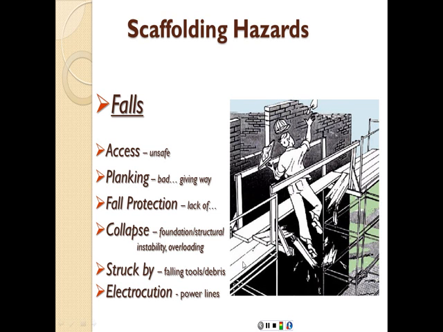If it was overloaded with equipment or material, or too many people standing on the same platform or scaffold, or if it's shaking at the bottom and the ground gives in and it collapses, all of these are reasons for the collapse. Struck by falling tools or debris, especially for people standing underneath or around the scaffold on the lower level. If something falls from the top, that's going to injure them.